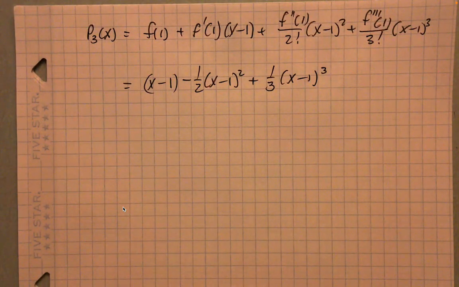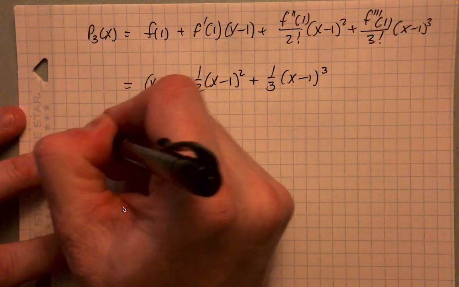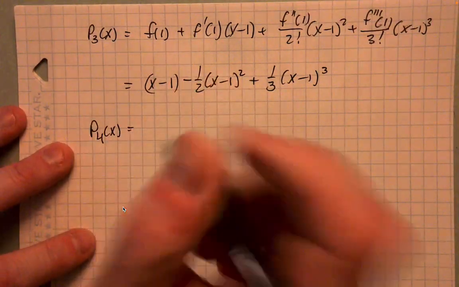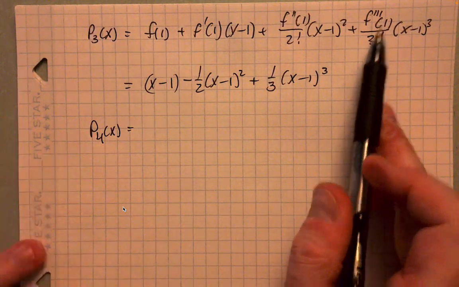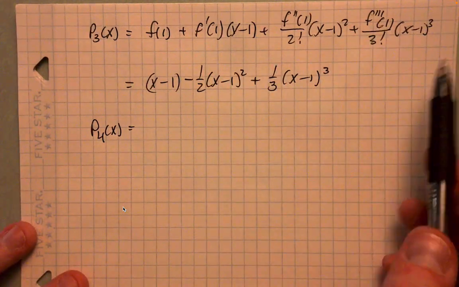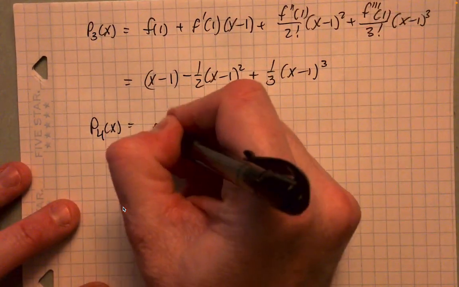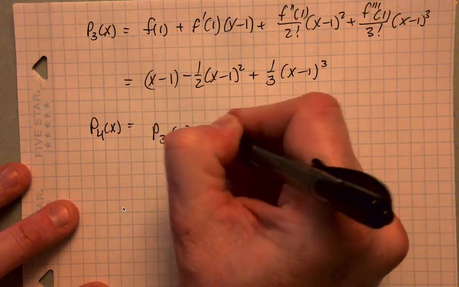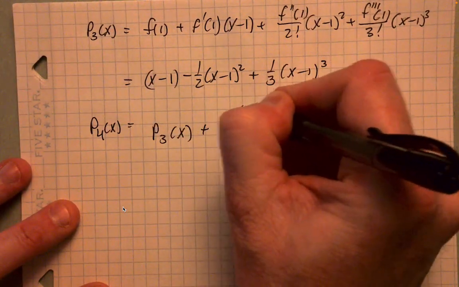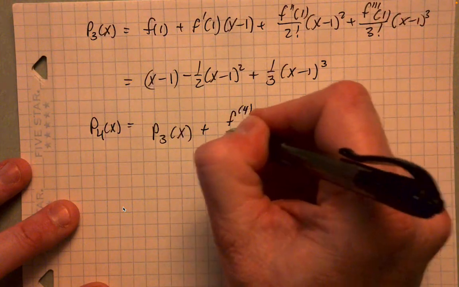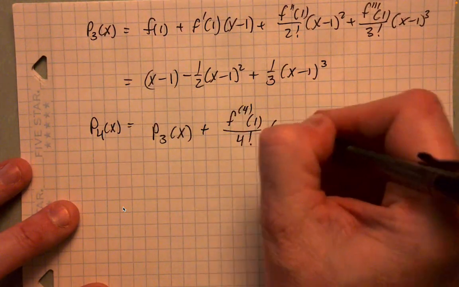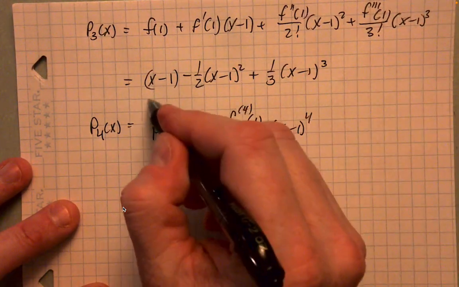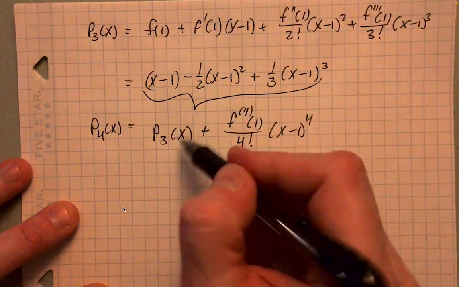Okay, and so the fact that these build on each other is nice. Right, and then finally p4 of x, it's going to follow the same pattern. You're going to have all of these terms plus, I'll just write it like this, it's going to be p3 of x plus f fourth derivative evaluated at 1 over 4 factorial times x minus 1 to the fourth, right? So this is just this guy.